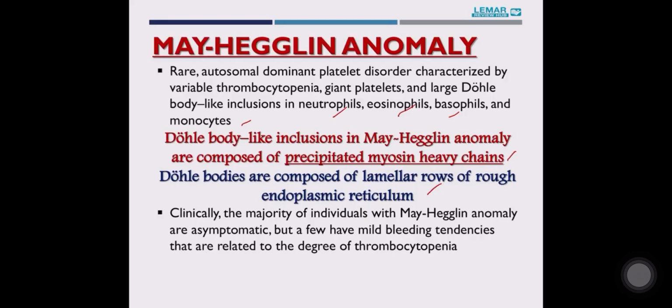May-Hegglin anomaly, autosomal dominant disorder. Bukod po sa pale blue inclusion ng WBC, the condition is characterized by presence of giant platelets and thrombocytopenia. Pale blue inclusion on WBC, giant platelet, thrombocytopenia, May-Hegglin anomaly.